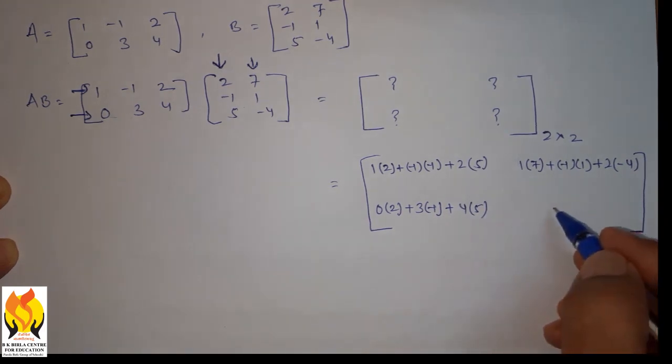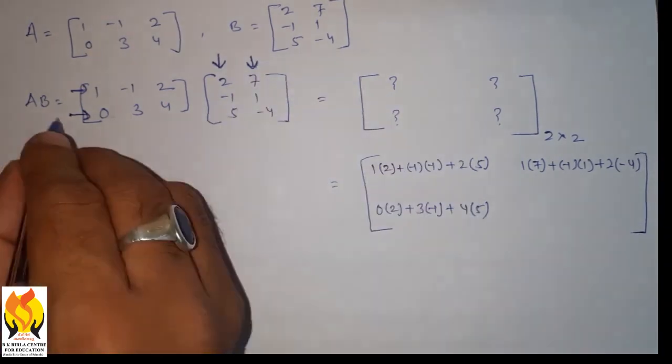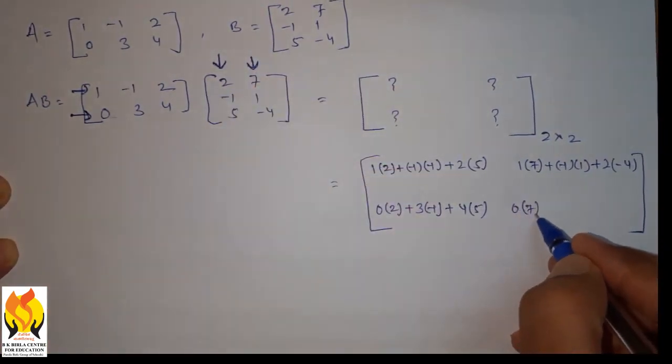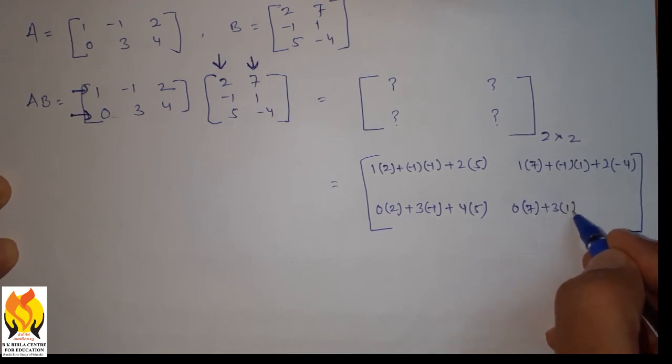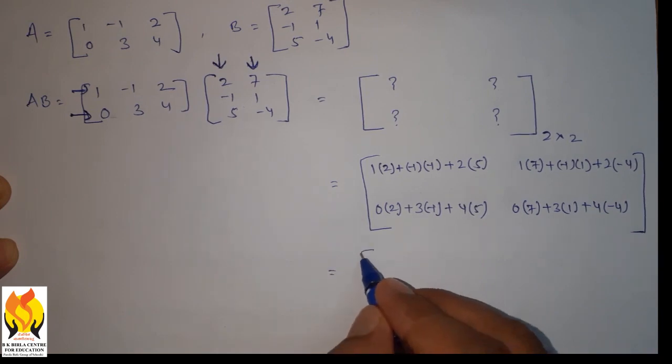Now we need to get the element at the place of A22. How do we get the element at A22? When you multiply row 2 with column 2, we have 0 into 7 plus 3 into 1 plus 4 into minus 4. Now we'll simplify, guys.